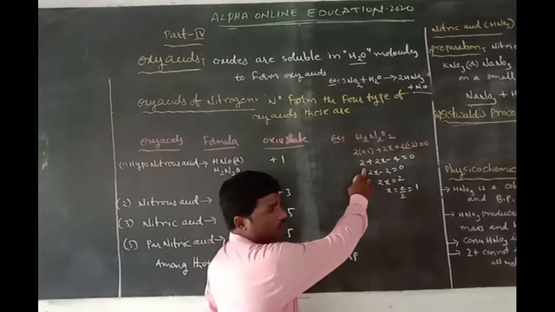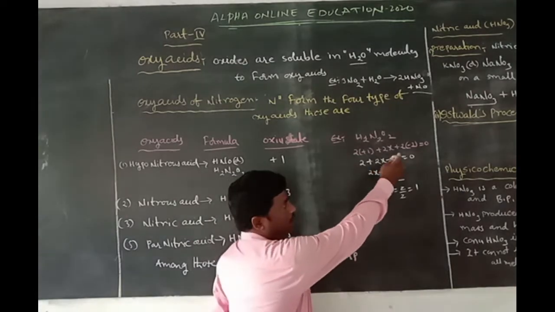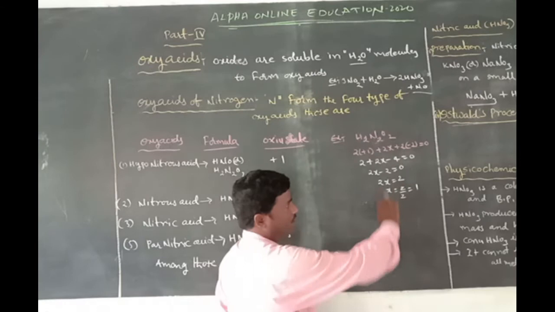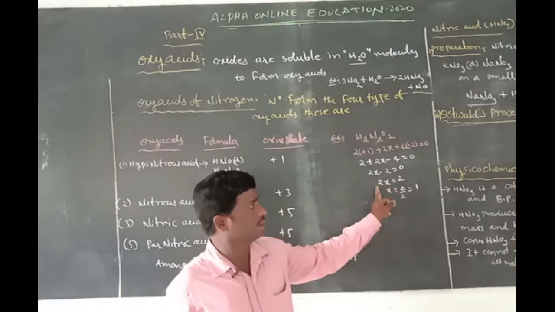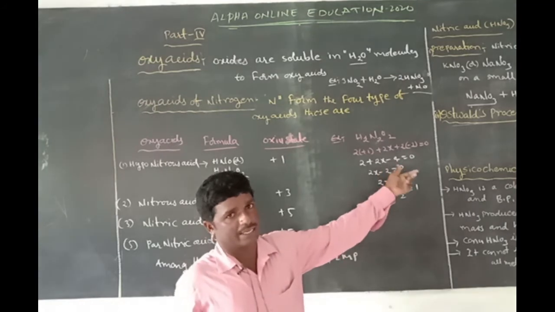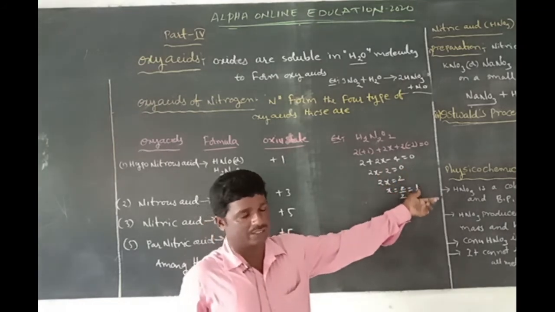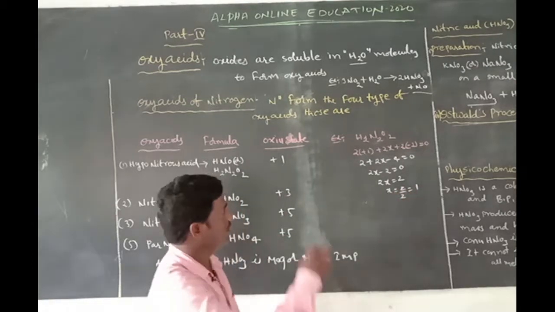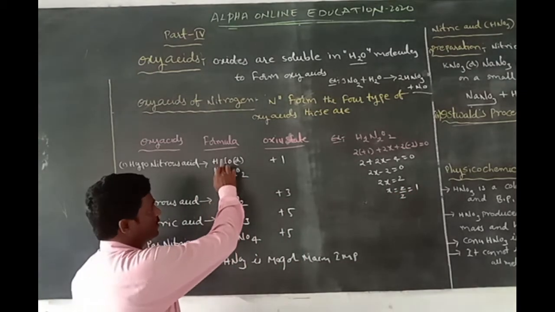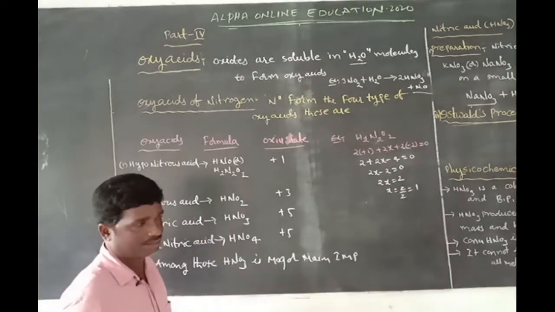So +2 - 4 = -2, and 2x = 2, so x = 1. So in hyponitrous acid, the nitrogen oxidation number is +1.